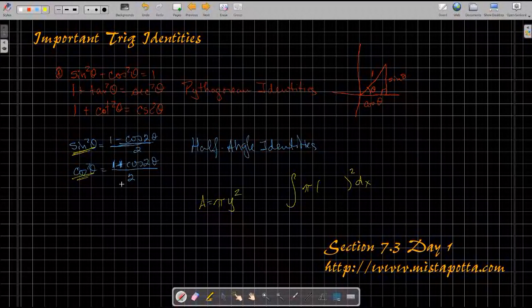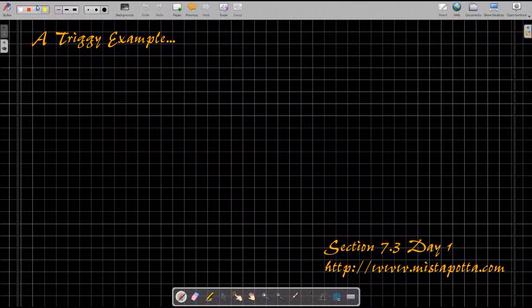So I wanted to do one example of that. This is my little trig example. I'm going to be dealing with y equals the sine of x on the closed interval from 0 to pi.